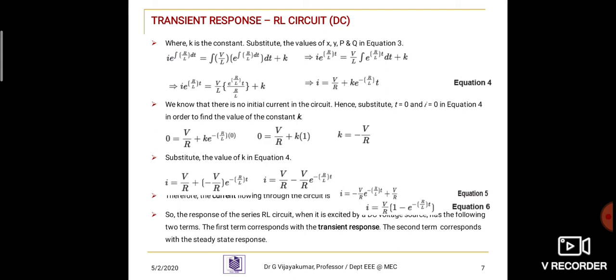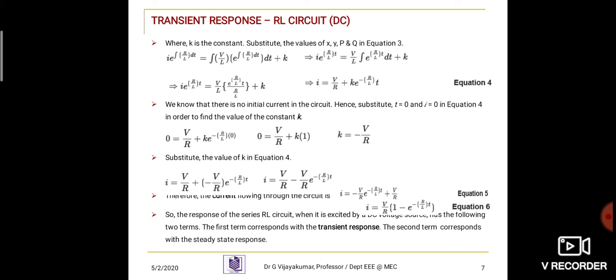Substitute the values of x, y, p and q in equation 3, you obtain i into exponential of integral of R divided by L dt is equal to integral of V by L e power integral of R by L dt, with respect to dt, plus k.